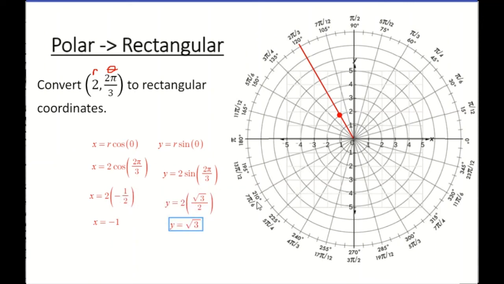Now √3, if you throw that in your calculator, is something like 1.7 or so. The fact that it's a little under 2 seems like that could be right. So our final answer, converting 2 pi over 3 to rectangular form, is -1, root 3.